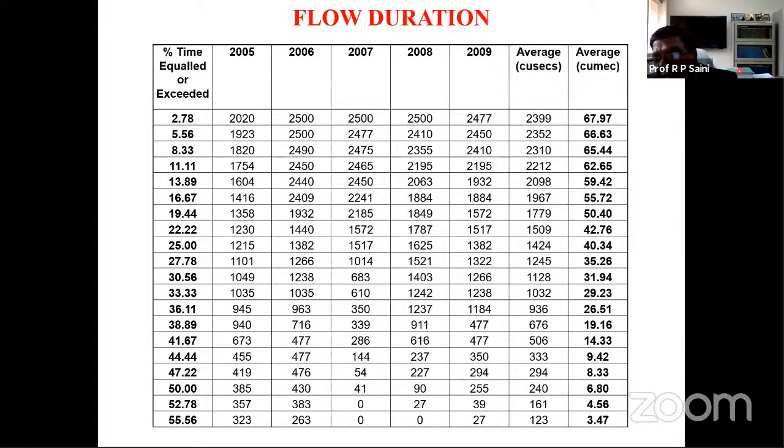But ultimately, when I use the power equation, it will be in meter cube per second. So I have to convert this Cusec into Qmax. Around 35 point something Cusec will be 1 Qmax. So this value will be converted into Qmax. This is the highest value in that year, averaged for all the years.